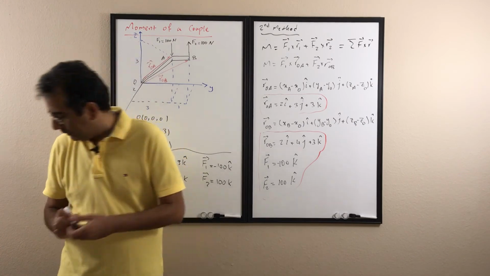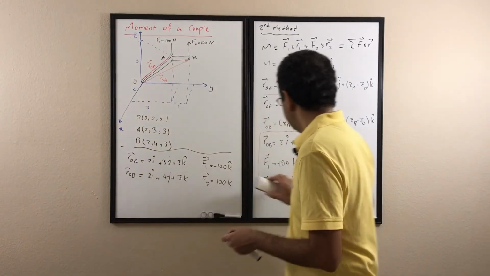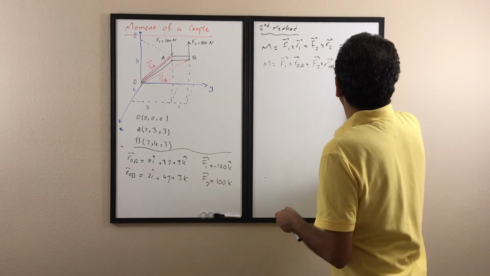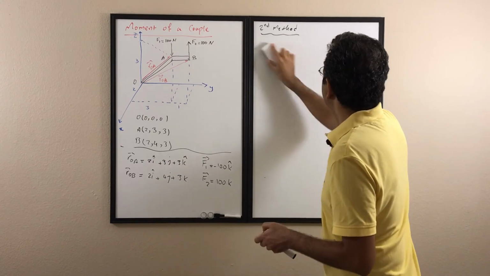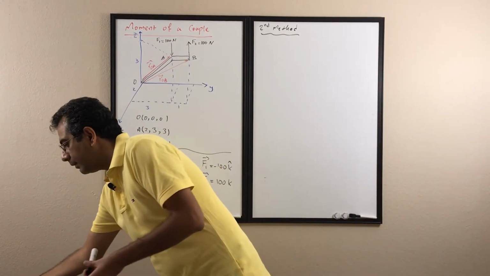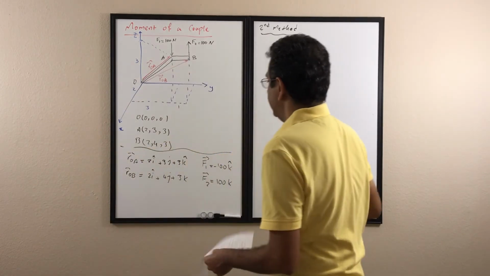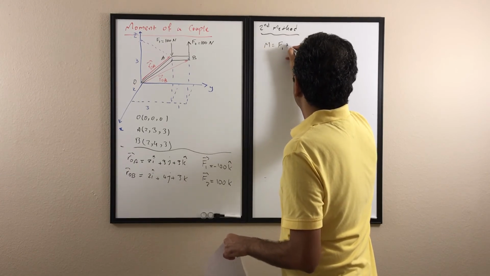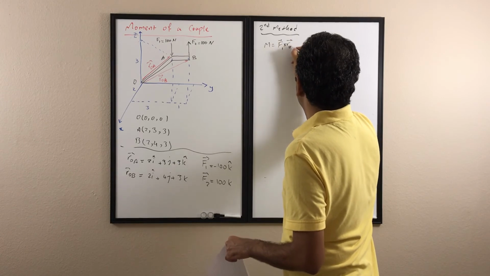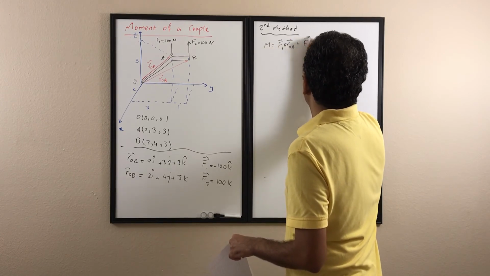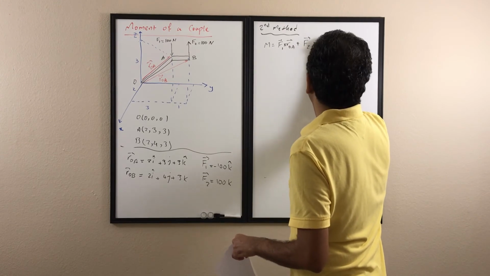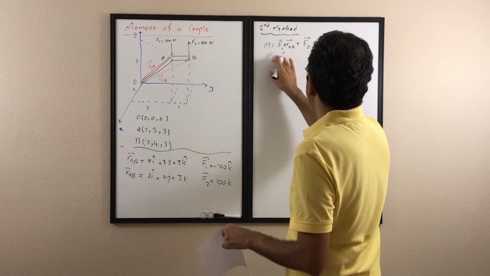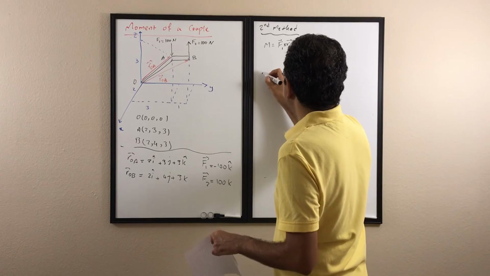So I'm going to just substitute up there. Again, I said that F is F1 cross ROA plus F2 cross ROB, and if we put these two together, as we talked about, it's a cross product, so we can use a determinant.